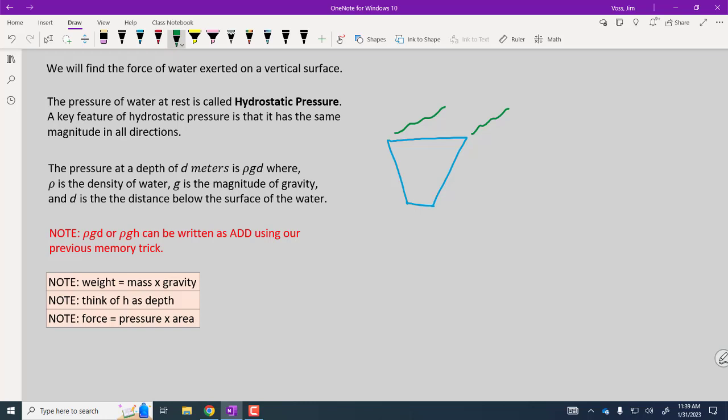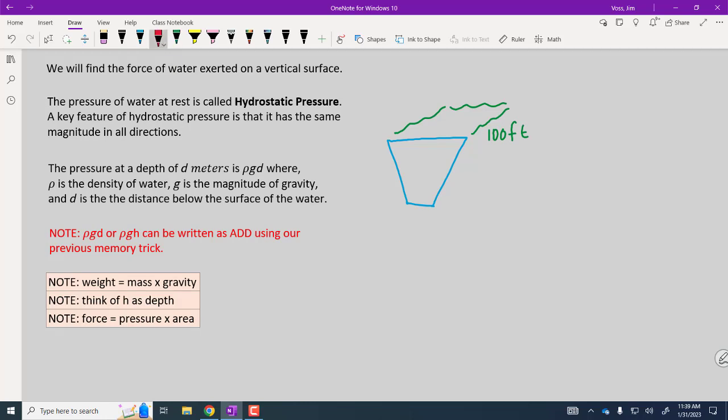And we're going to want to know what is the cumulative force pushing on that dam wall, so that we know how thick to build it. Right? So my first question to you is, let's suppose that we have 100 feet of water directly behind the dam. So have that in your mind.